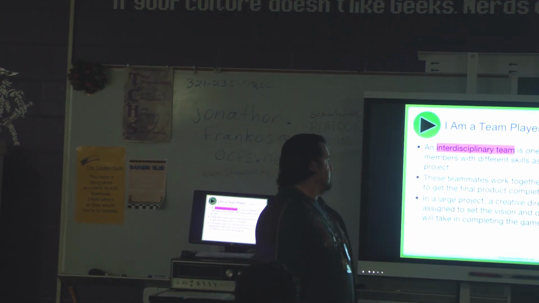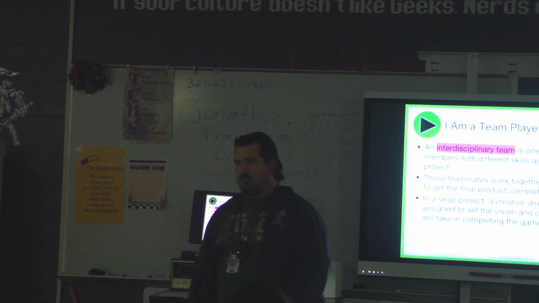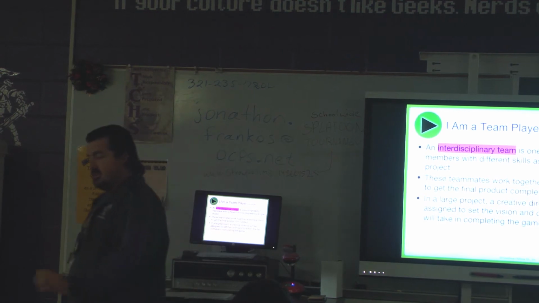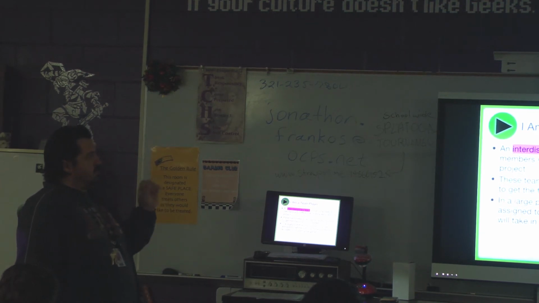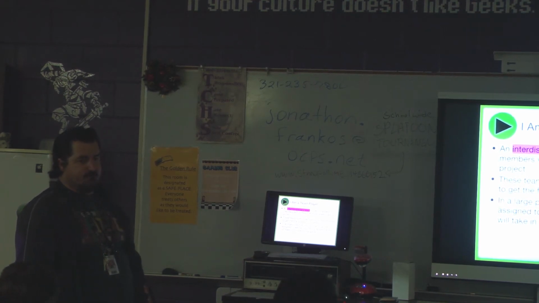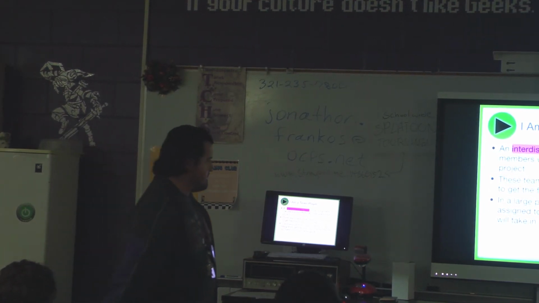That's what that type of team is called. It's a little different than a dynamic. Dynamic is using those strong skills. This is an interdisciplinary team where those members use those skills on a single project. Okay?